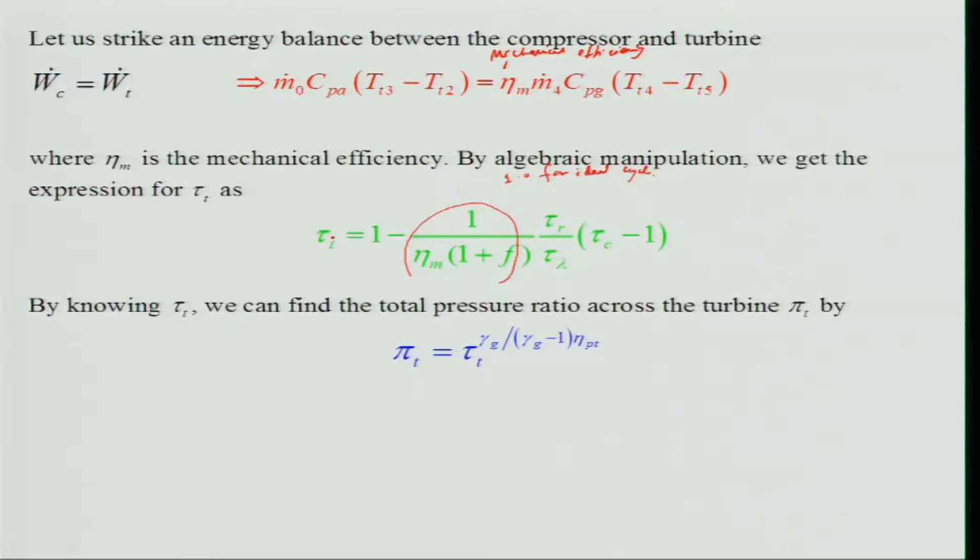Pi t will be tau t to the power gamma t divided by gamma t minus 1 times eta p t.